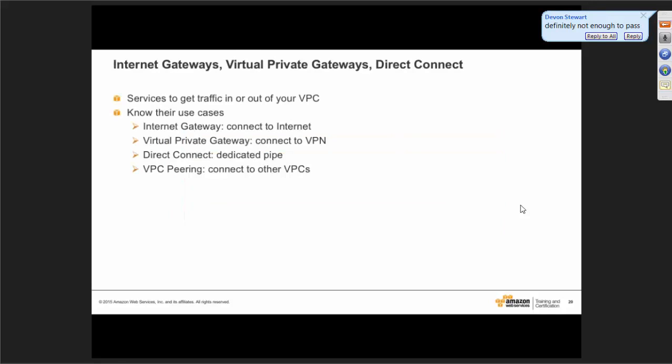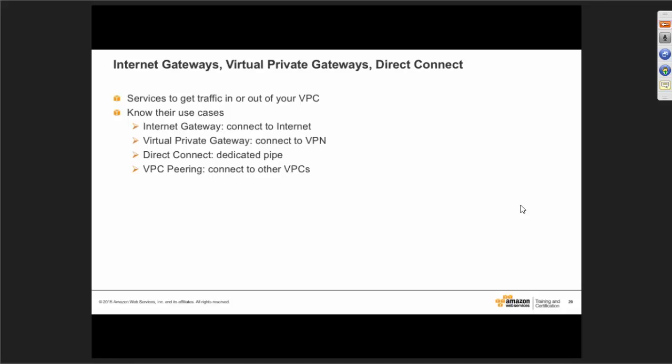With respect to internet gateways, virtual private gateways, and Direct Connect, this is really just talking about the different ways to get traffic in and out of a VPC. So knowing what those different pieces are. Internet gateway is if you have a public subnet and you want it to talk to the internet or have the internet talk to it, you have to have an internet gateway. Virtual private gateway, whenever you see that, the right word to pop into your head is VPN.